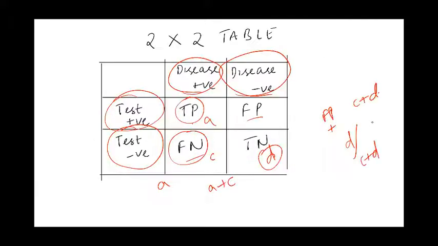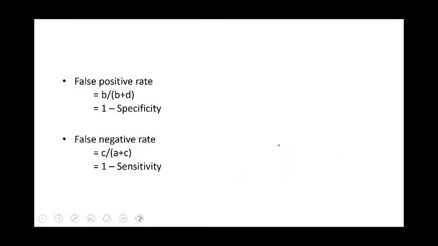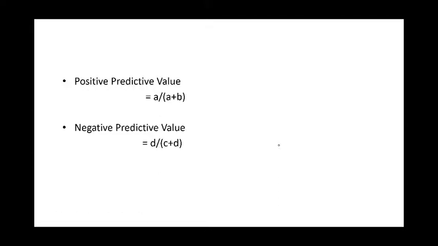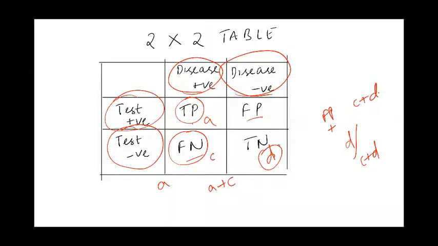Now there are other terms like the false positive rate, which is 1 minus specificity, which is B by B plus D. Then again, the false negative rate is 1 minus sensitivity. Now other important values are the positive predictive value.